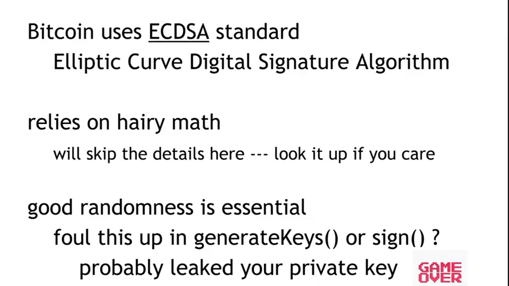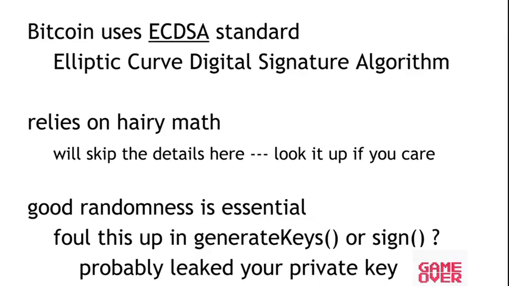So we'll skip that. One thing I'll note, though, is with ECDSA, good randomness. I said this before, but I'll say it again because it's really essential. Good randomness is especially essential with ECDSA. If you use bad randomness in generating keys or even in signing, you probably leaked your private key. It stands to reason that if you use bad randomness in generating a key, the key that you generate is maybe not secure.